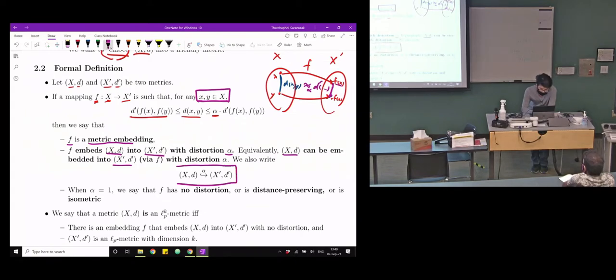This is just a mathematical notation, although we will not use it. And if alpha is 1, then it means that there is no distortion at all, right? The distance is perfectly preserved. Then we say no distortion, or distance preserving, or there is a term called isometric.